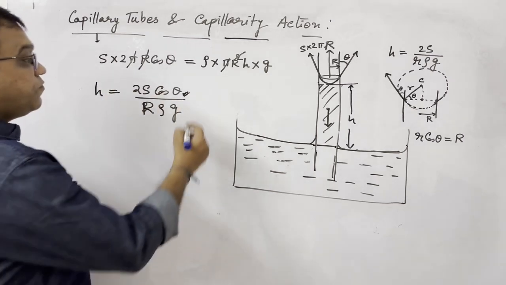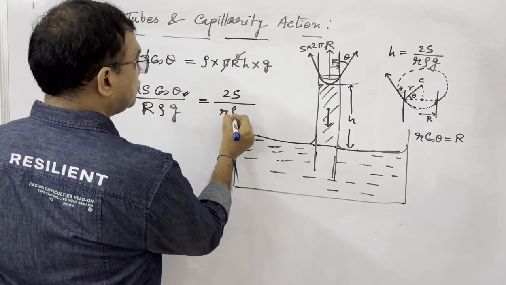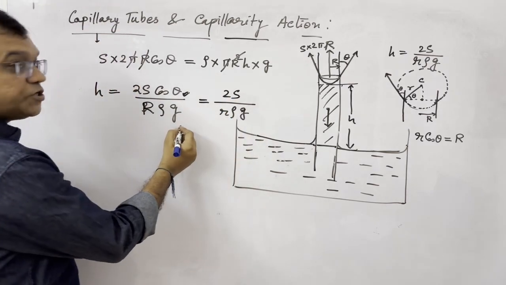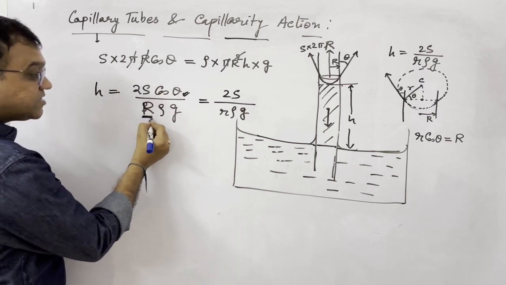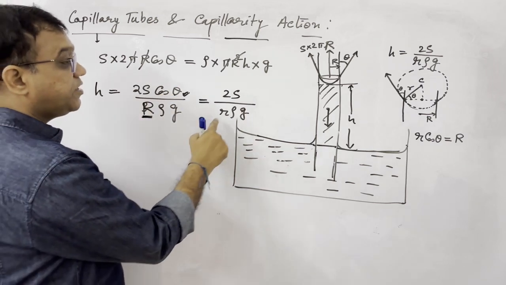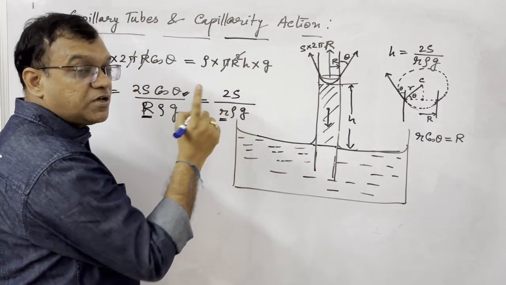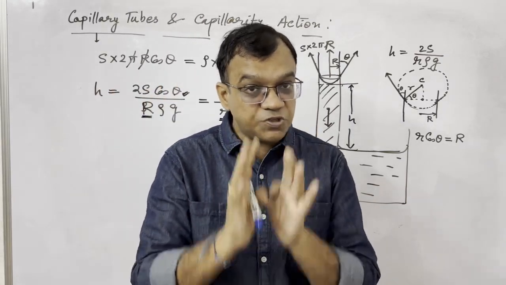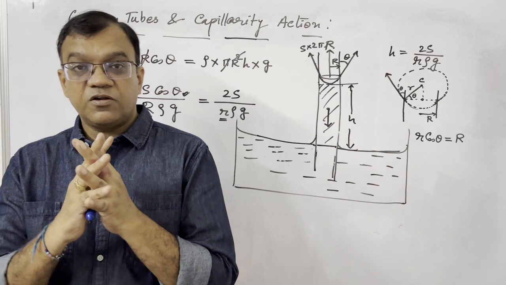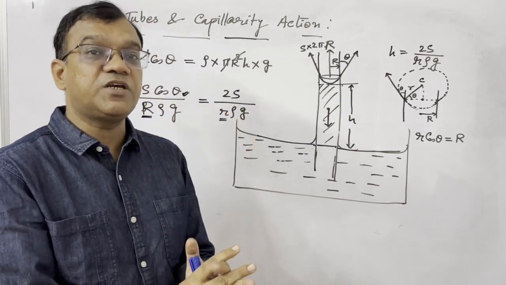So we can write it as 2s upon r rho g also. Here R is the radius of tube. Here r is the radius of meniscus. Radius of tube and radius of meniscus are two different things.